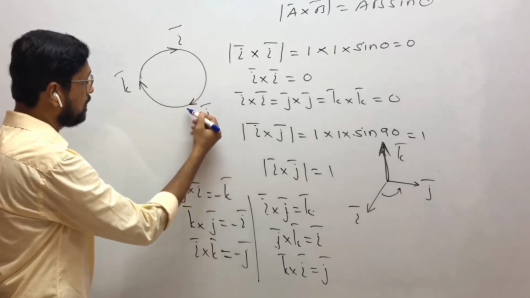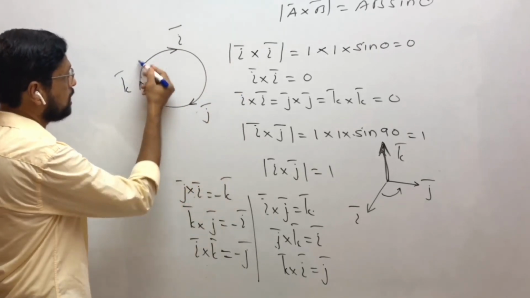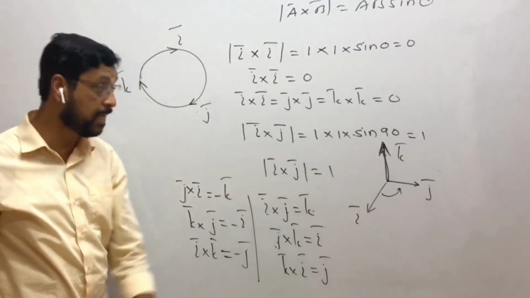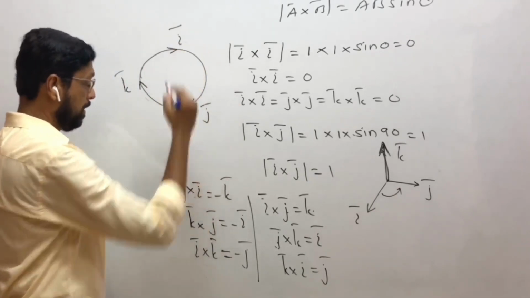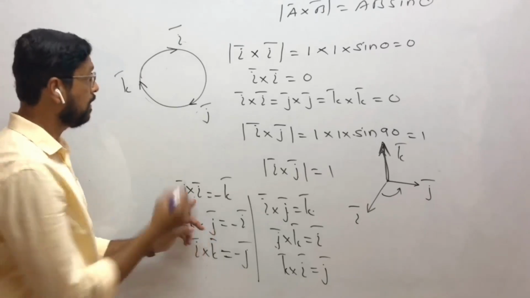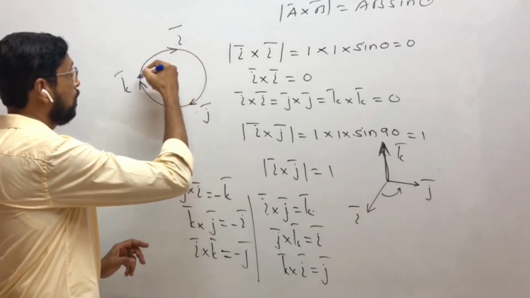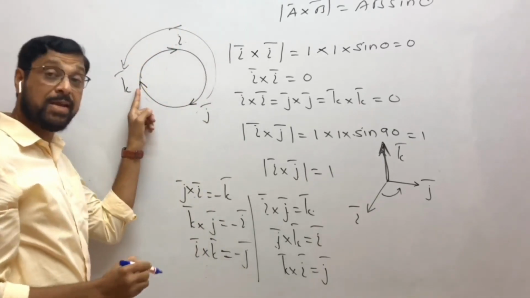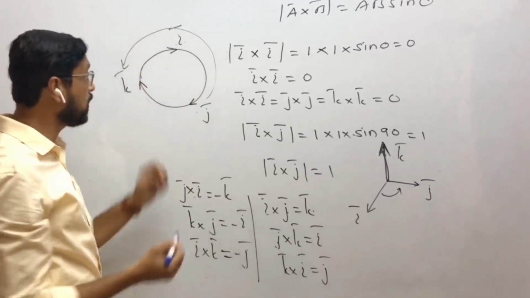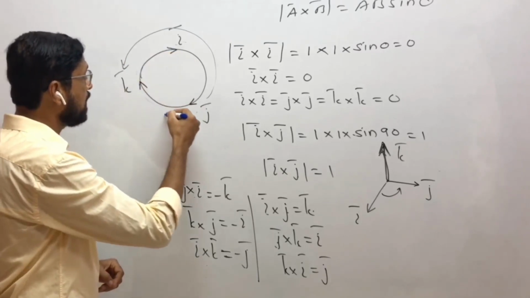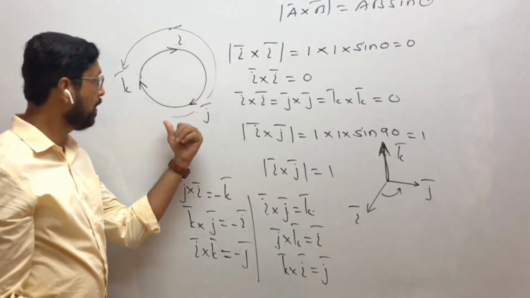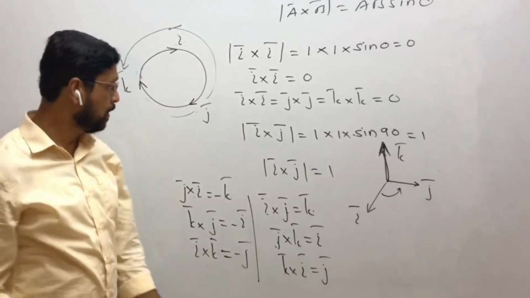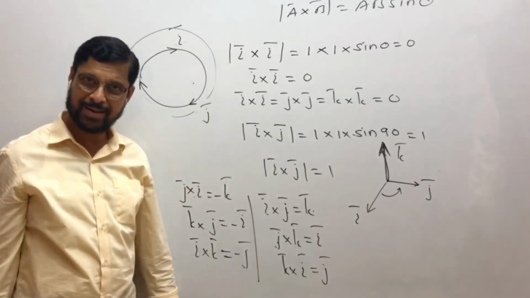And if we go in the opposite direction, J cross I, the arrow is reversed here, so J cross I is equal to minus K because the arrow is in this direction. I cross K will be equal to minus J, right? And K cross J will be equal to minus I. So from this circle, you can remember the values.